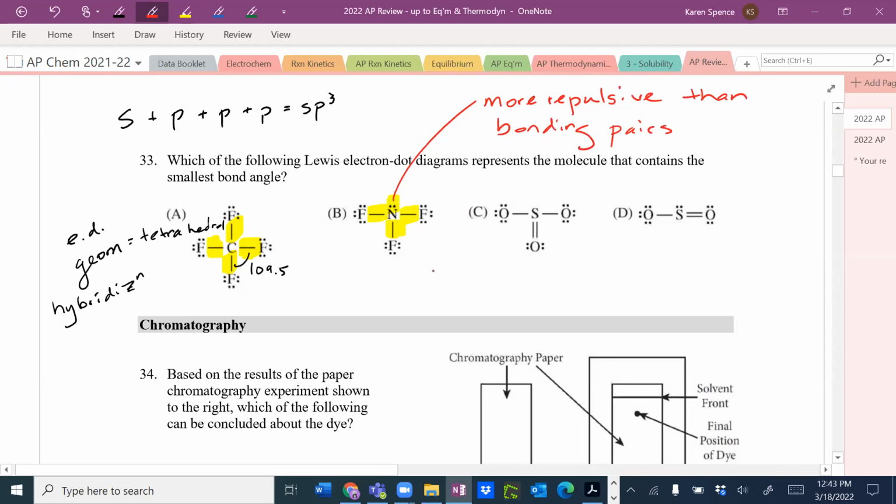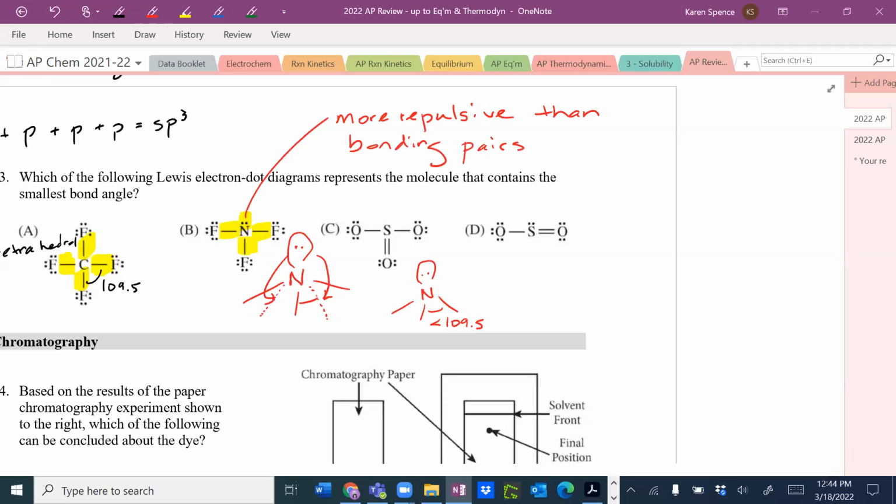So what's going to happen with our tetrahedron is that these guys, instead of being like 1, 2, 3, are going to be squished a little bit further down, because they're getting pushed a little bit further. And so these bond angles are going to be a little bit smaller. That's a terrible picture, it now looks like a spider or something, but we're going to have nitrogen with our lone pair up here, and we would have 1, 2, 3. And these bond angles are less than 109.5. You don't need to know the actual value. You just need to be able to say it is less.